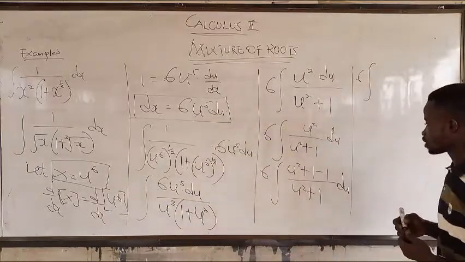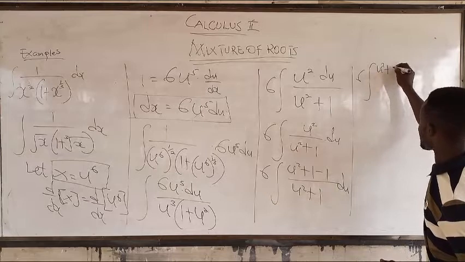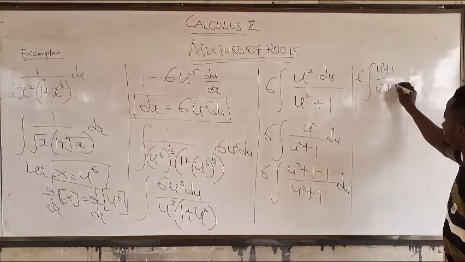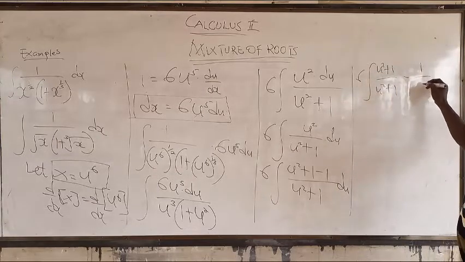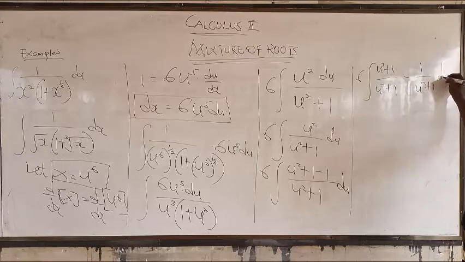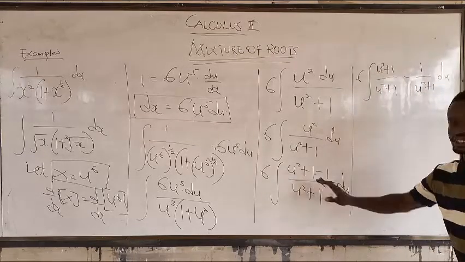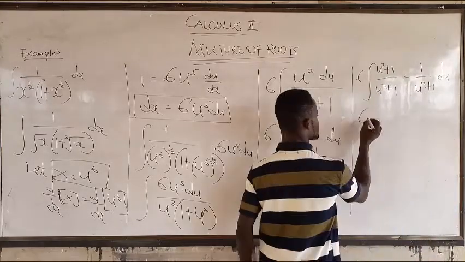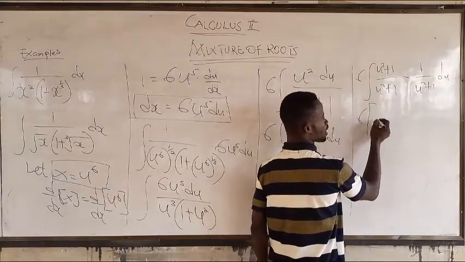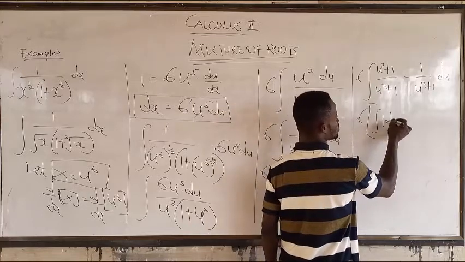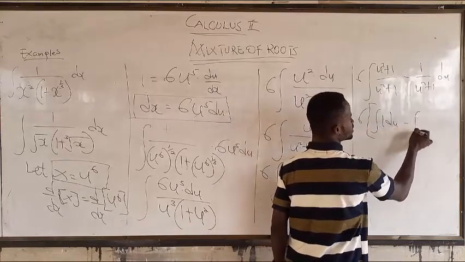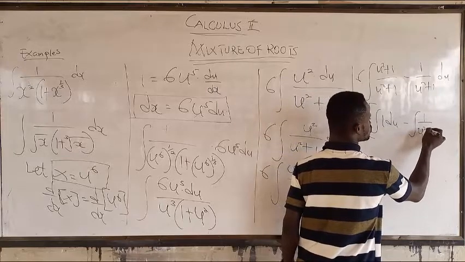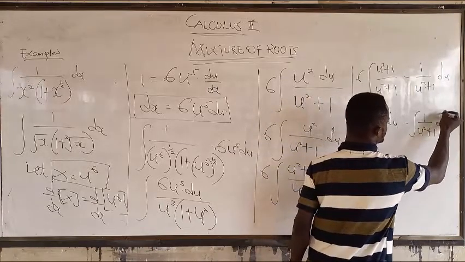So that is going to be equal to u squared plus 1 over u squared plus 1 minus 1 over u squared plus 1 du. This is the same as this. Nothing is changing. So we get 6 bracket integral of 1 du minus integral of 1 over u squared plus 1 du.